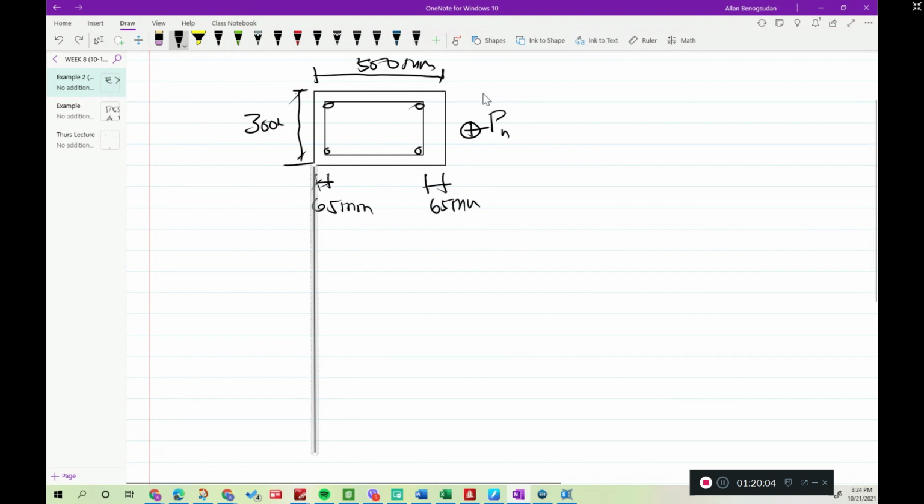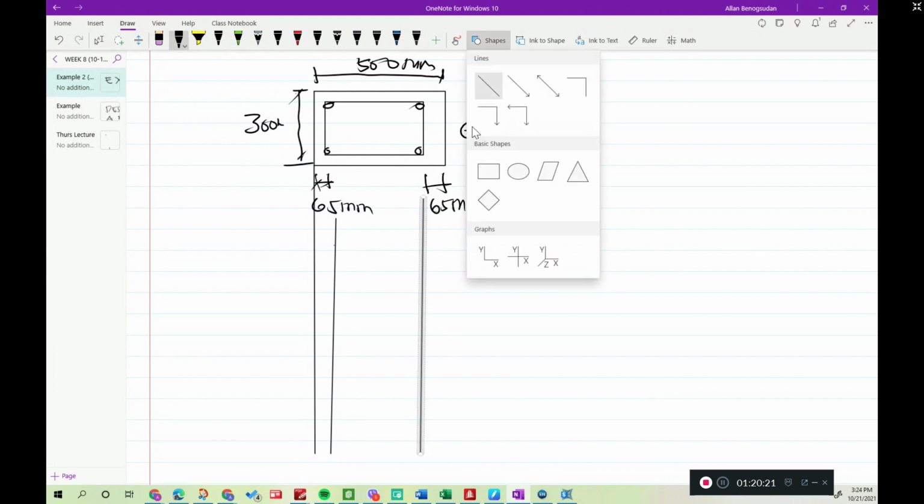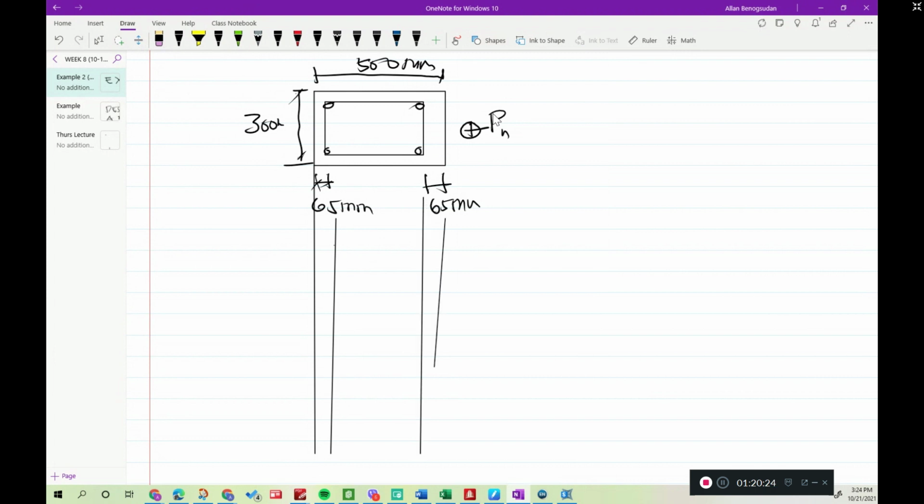What I'm doing right now is that I'm considering p plus n. Never mind the spacing, okay, but it's 65 still.